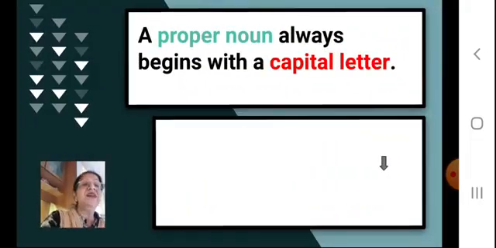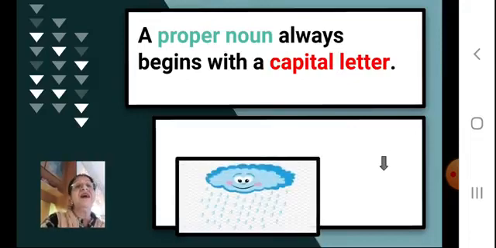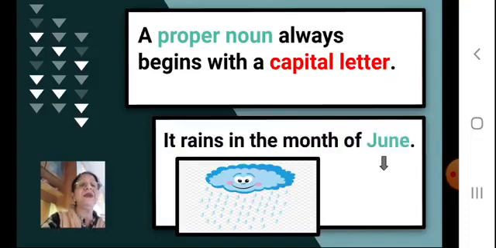Now there is one more example. A proper noun always begins with a capital letter. Again, you have already learnt what a proper noun is. Proper nouns are the special names given to nouns. So here you can see a picture. It is saying, It rains in the month of June.